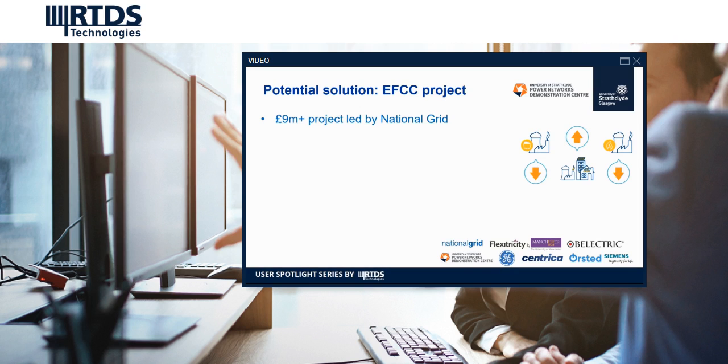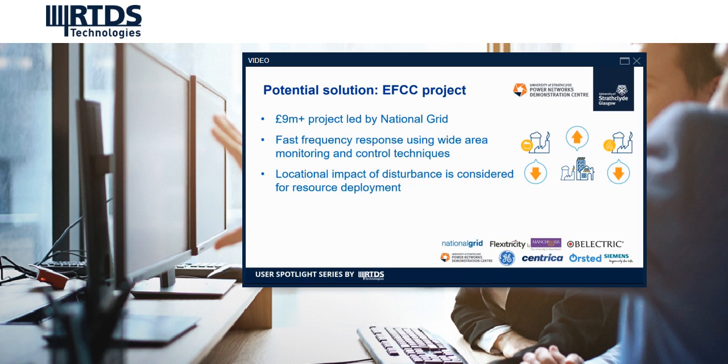The project aims to use wide area monitoring signals from PMUs in order to enable faster frequency response with consideration of locational impact of the disturbances. The scheme also aims to coordinate the response from different types of resources like energy storage, demand side, wind, etc., with the aim of optimizing the overall behavior with consideration of their location and capability.